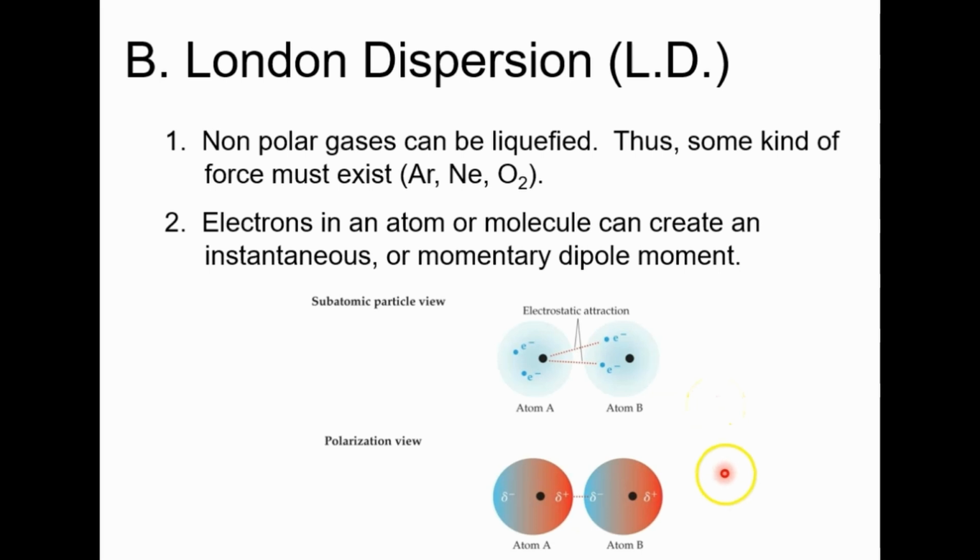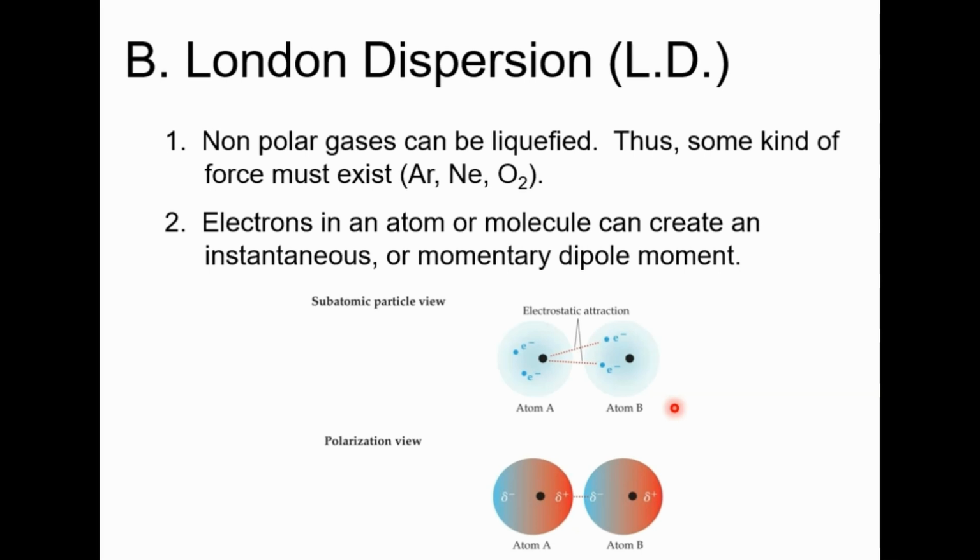And that's how scientists visualize a nonpolar atom like argon. Now argon has 18 electrons, 8 in its outer shell, and they can easily be lopsided or move around. So this whole thing's kind of fluid.